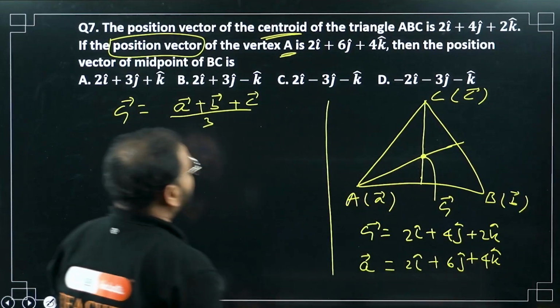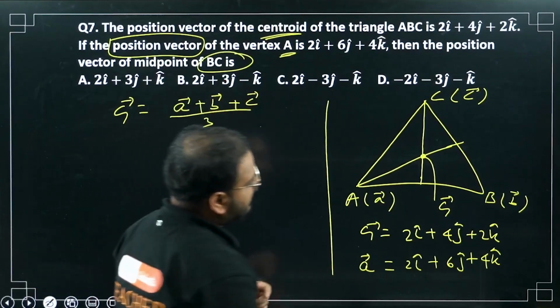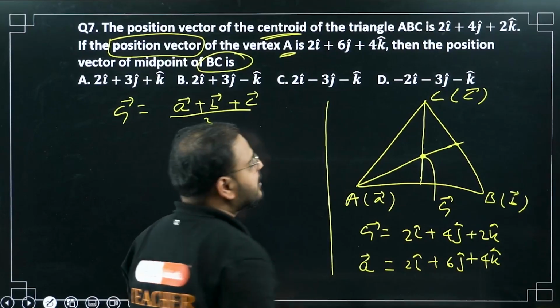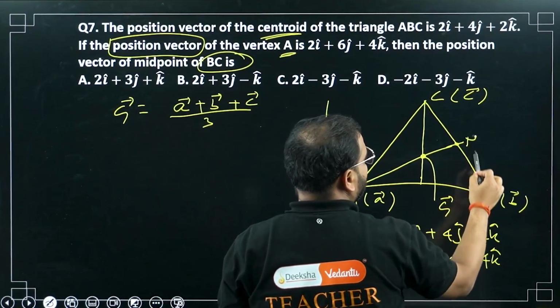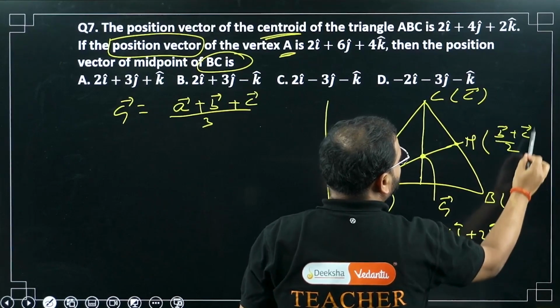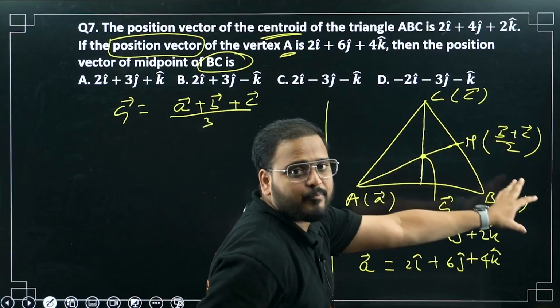What are they asking? The position vector of the midpoint of BC. If I call this point M, it is vector B plus vector C by 2. That's how we write the midpoint.